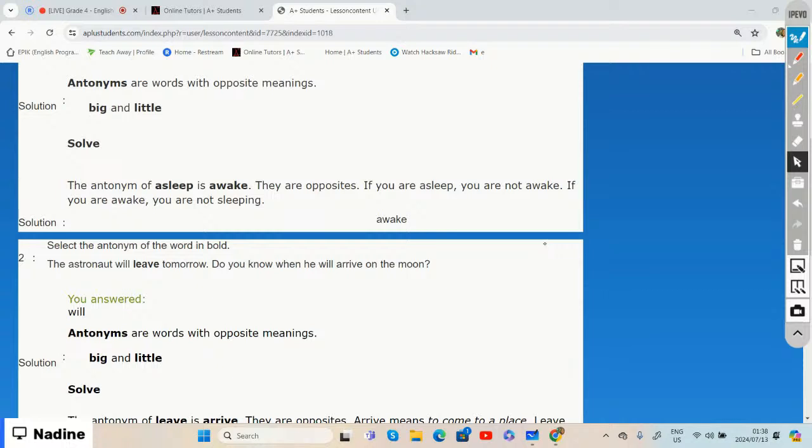So we can say the opposite of to leave is to arrive. So it's either you're leaving or you're arriving. So well done. All right, so now we're going on to our test.